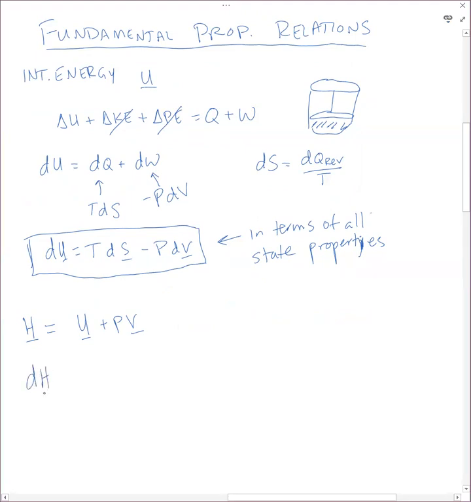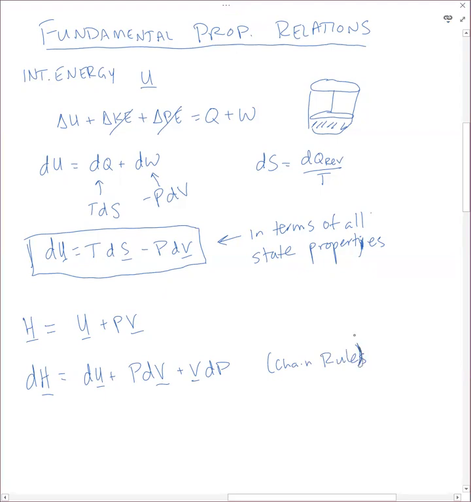So taking the total derivative gives me dH is equal to dU plus, now I have P times V, so I have to use the chain rule. I have to keep one constant while I take the derivative of the other. So that's P dV plus V dP. Remember, look up the chain rule if that step was confusing.